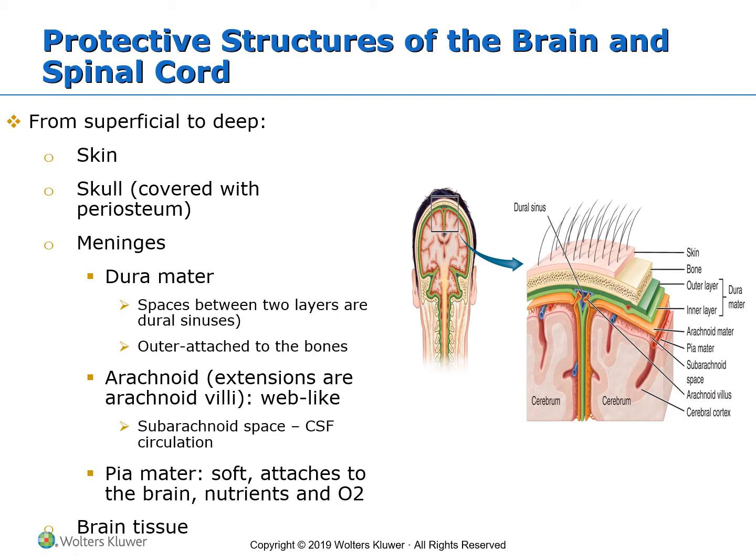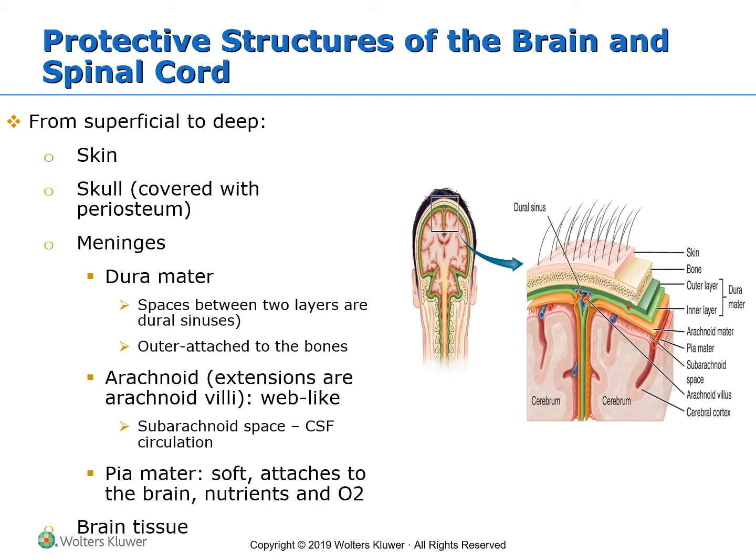The other layer, if we look at the picture again, you can see how in some places those 2 layers separate and allow for some spaces where the venous channels form. Some brain capillaries will develop there. They are called the dural sinuses.